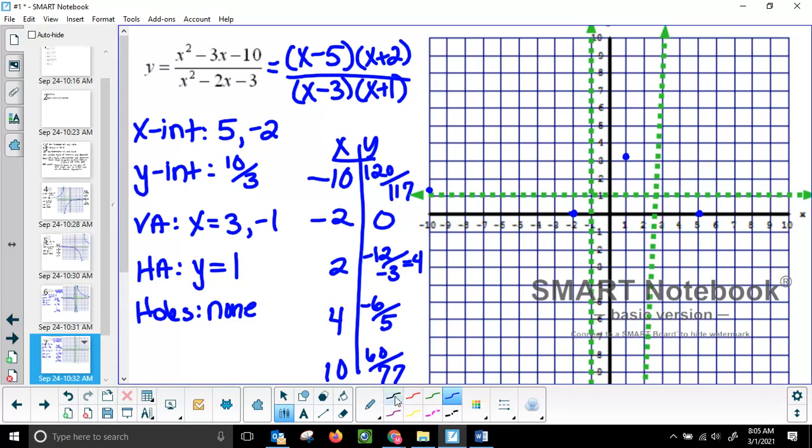Whoa. This line was all kinds of whacked up. So let me say here 2, 4. 4, just over negative 1. And 10, not quite 1.